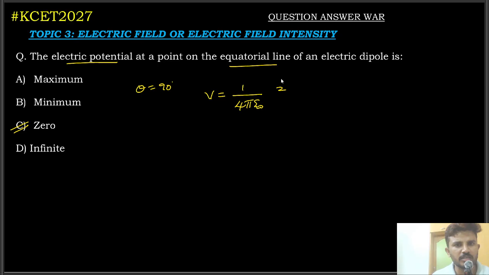Actually this is from the second chapter, but I'm solving it here, no problem. Here theta is 90 degrees, cos 90 is 0. So the answer is 0.